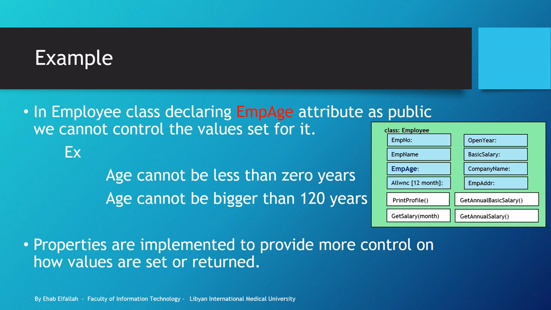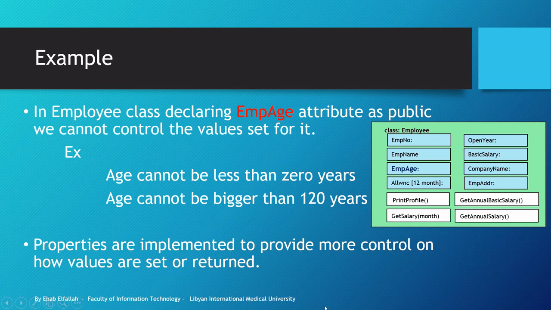So how do we manage this attribute? Usually employees work from 18 or 21 years old until 65, and normal people do not live over 120 years.